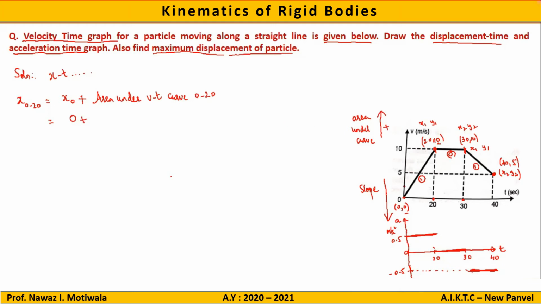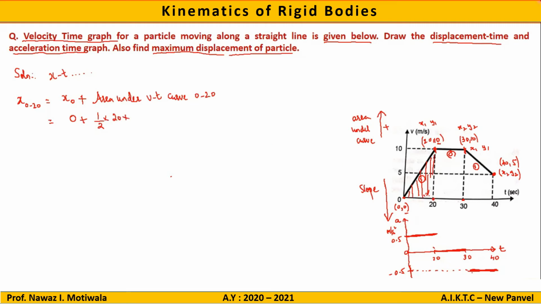Now observe here, this is my VT curve and I want the area under this curve, so it will be this entire area. And what is this area? This is the area of a triangle. So the area of a triangle is nothing but half into base. The base of this triangle is 20, multiplied by the height of this triangle.